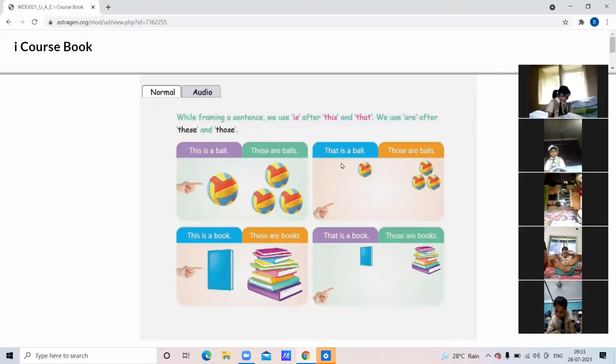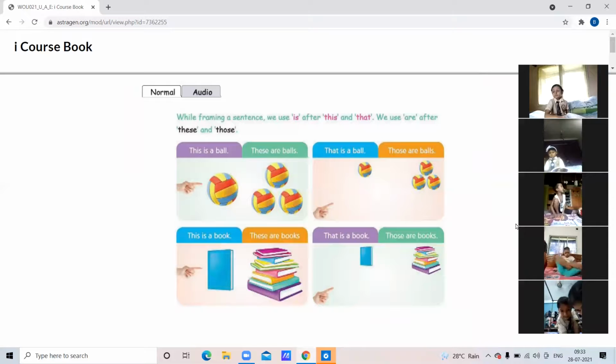Now see, the thing which is far from us, that is a ball, because it is far from us and it is only one. So we will use that is. And for the balls which are three in number and far from us, we will use those, and because it is many, we will use are. Those are balls. Like this, you have to understand the difference between these and those. Okay. Yes, Soripta.